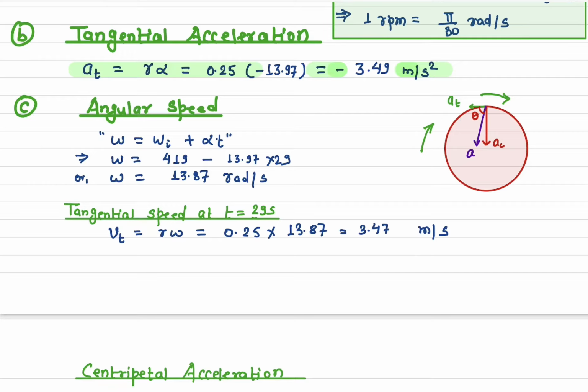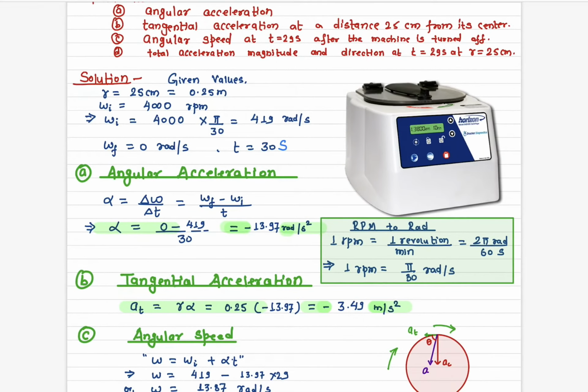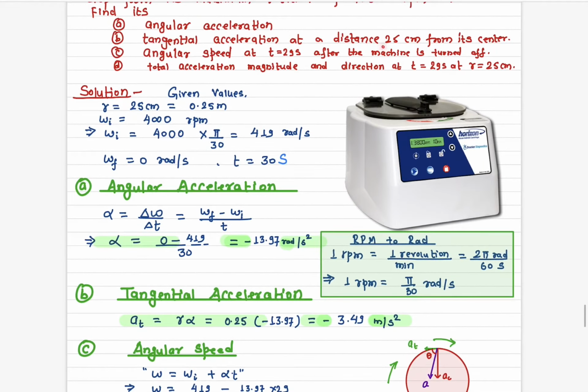Now let's calculate the tangential speed. The tangential speed would be again r times omega. That's the formula for calculating the tangential speed. The distance r is also given here, it says 25 centimeter.